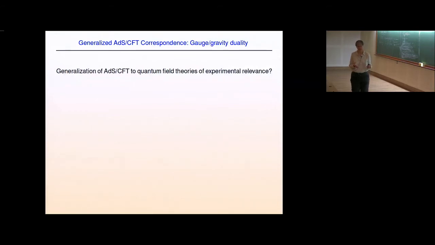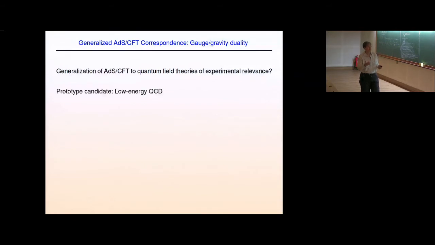That's always kind of a problem in theoretical physics. There's a conservation of difficulty. Either things are super beautiful, very symmetric, and you can do lots of calculations, or they describe the real world, but it's very rare that these two coincide. The same problem arises here. So we can't directly apply AdS/CFT to theories of experimental relevance, but I will show you in these lectures how we can make some important steps towards this goal.